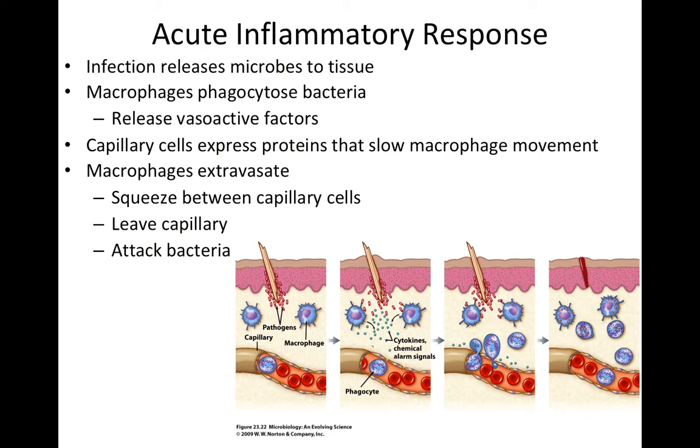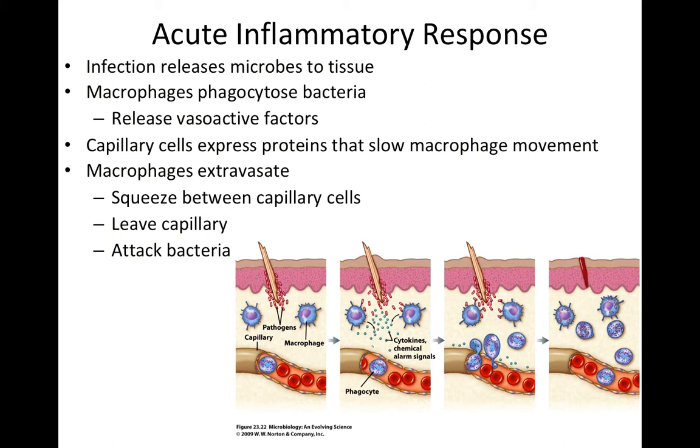Some of these chemokines are vasodilators, which are going to help open or increase the diameter of the capillaries so that it is easier for more white blood cells to extravasate and basically leave the capillaries by jumping in between the little spaces between the endothelial cells lining the capillaries.